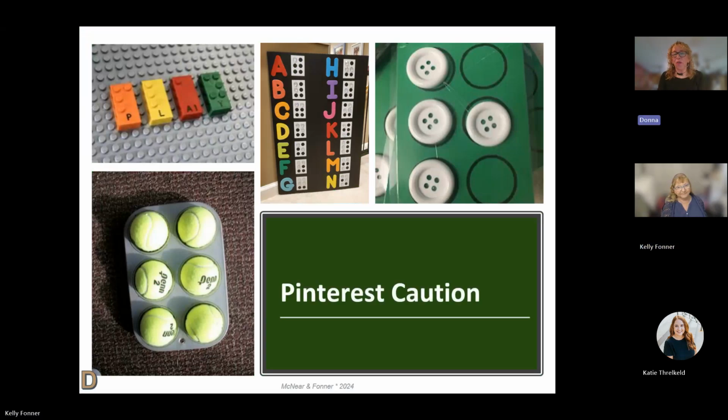Thanks, Kelly. So for example, there's a photo of Legos and Braille Legos. You can see if you put your fingertip on it, that's not a typical Braille cell. It's larger. So the touch thinking part of that is different than if it was a typical Braille cell. Then if you move over to the right, there's a photo of some of the letters in the Braille alphabet, and that's for sighted kids.